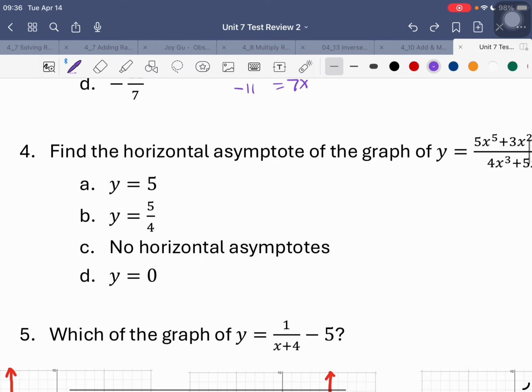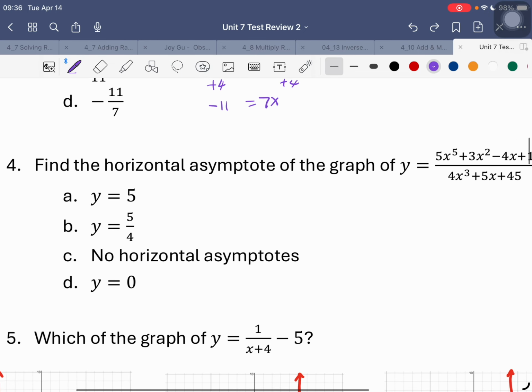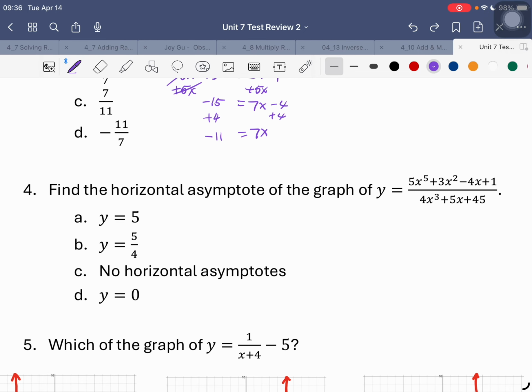Now, question 4, find the horizontal asymptote. Horizontal asymptote, look at the horizontal asymptote anchor chart. And now we need to look at the degree.